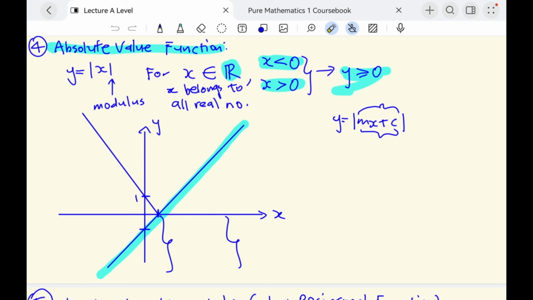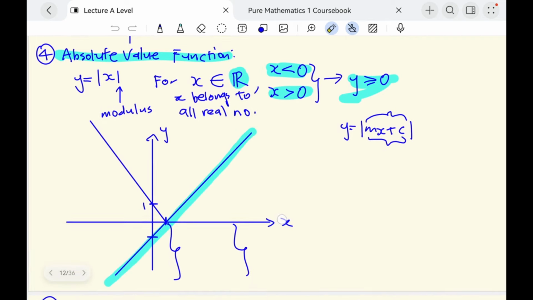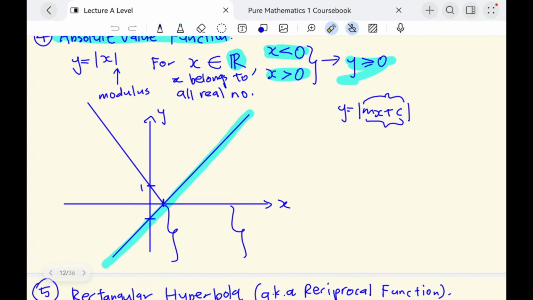Refer to the notation list provided by Cambridge. Although x is a real number, no matter whether x is negative or positive, eventually your function, I mean the codomain or the range, must be positive. That means for an absolute value function, there is no negative range. Alright? Please be aware of that.